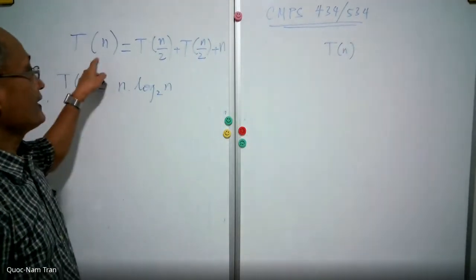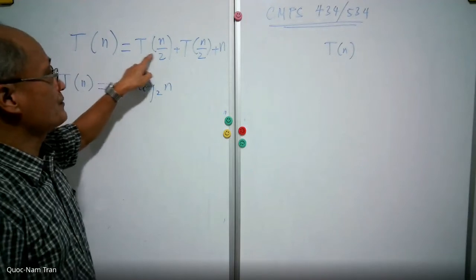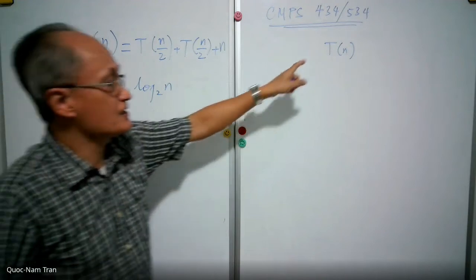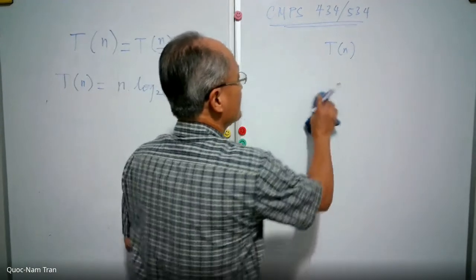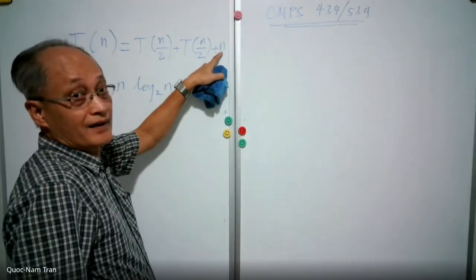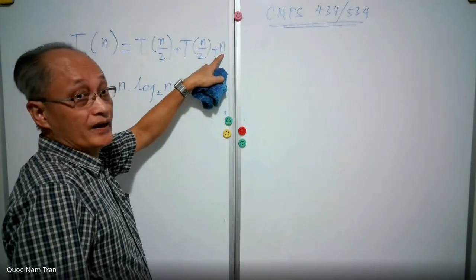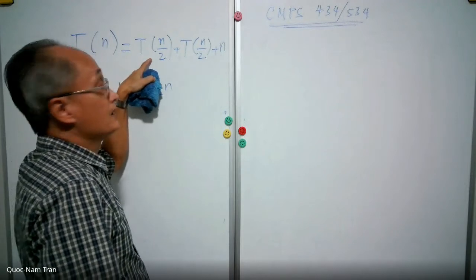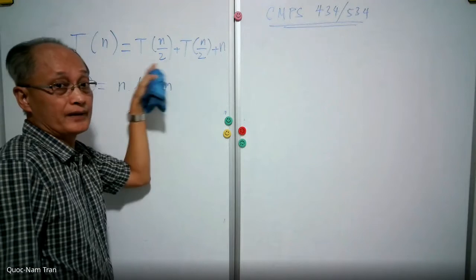Okay, we want to know what T(n) is. T(n) is 2 times T(n/2) plus n. So I will replace T(n) here by n, which I call the extra cost. This one is the recursive call, right?